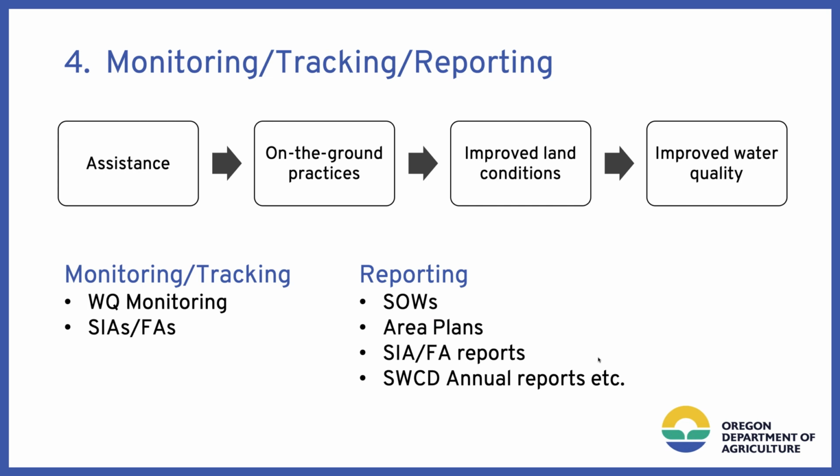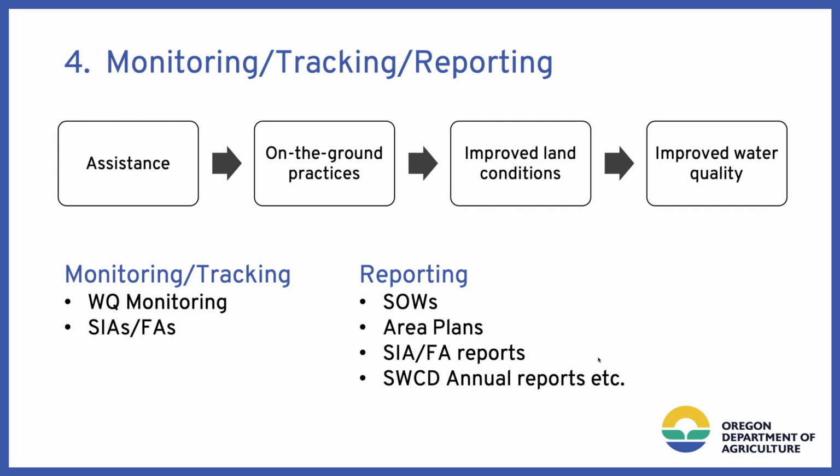But it's a lot harder because you've got multiple different influences on water quality. So soil and water conservation districts are mostly involved with tracking by looking at the water quality monitoring if they're doing monitoring, and also participating in SIAs and focus areas, which I'll get into shortly.